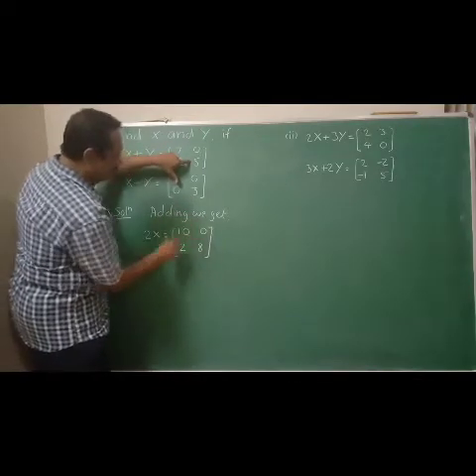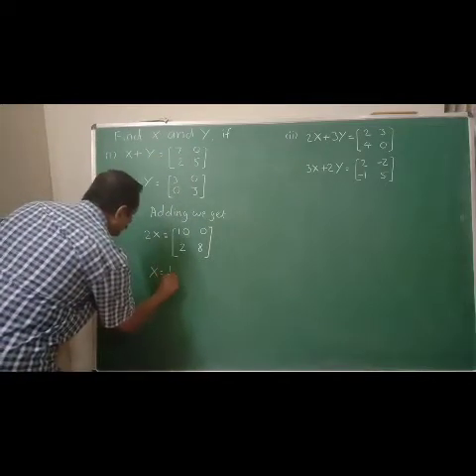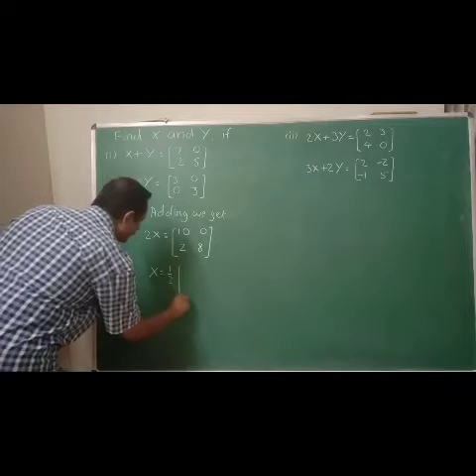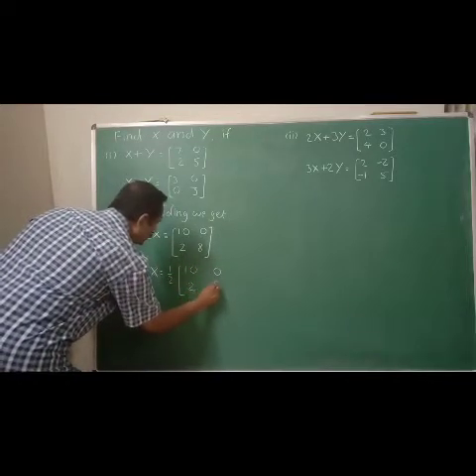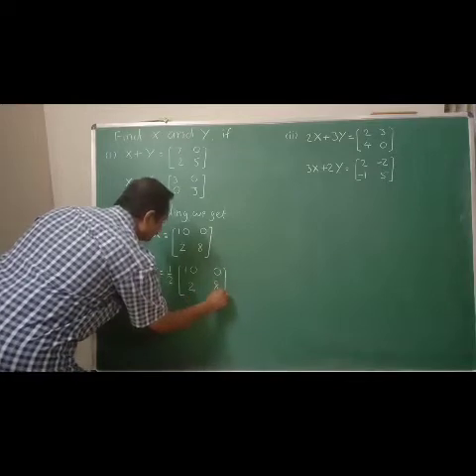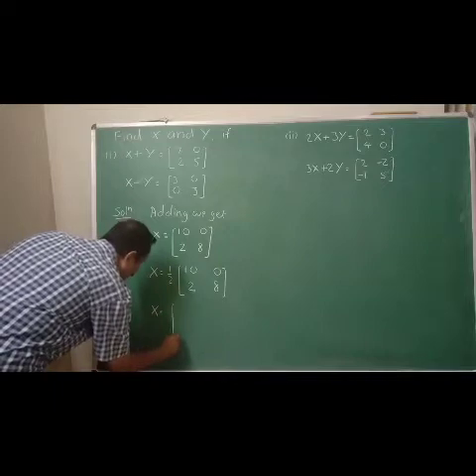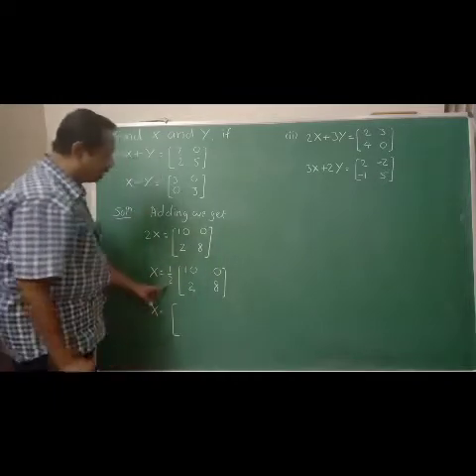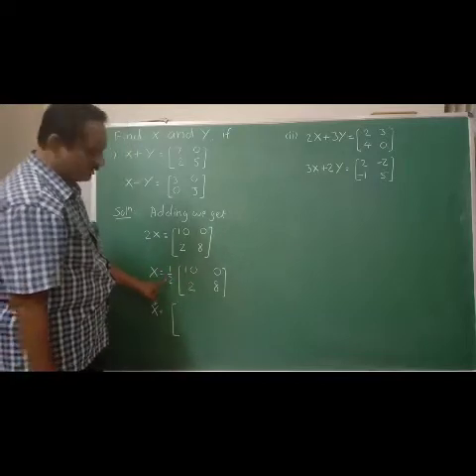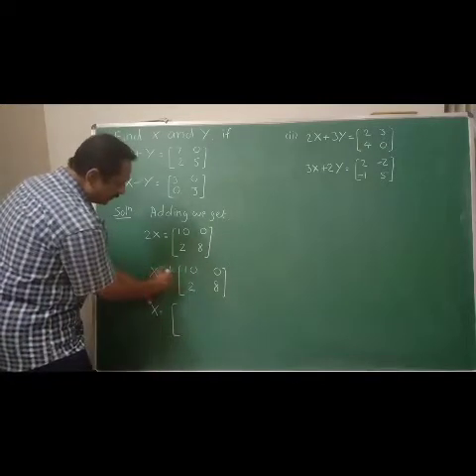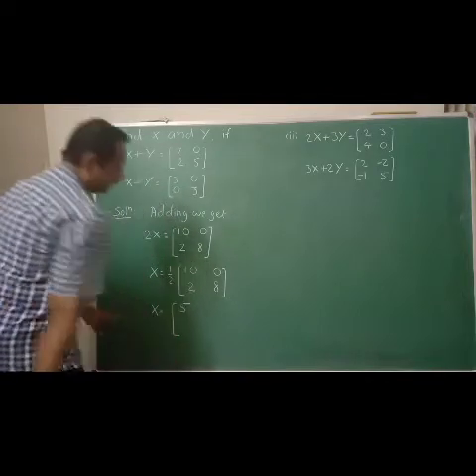Then take it to that side. So x is equal to 1 divided by 2 into the bracket 10, 0, 2, 8. Therefore x is equal to, take this 1 upon 2 inside, means multiply each element by 1 by 2. 10 into 1 upon 2, 2 fives are 10, so x is equal to 5.